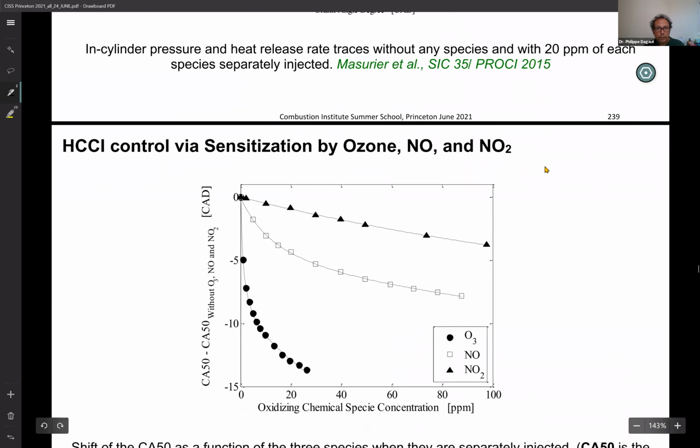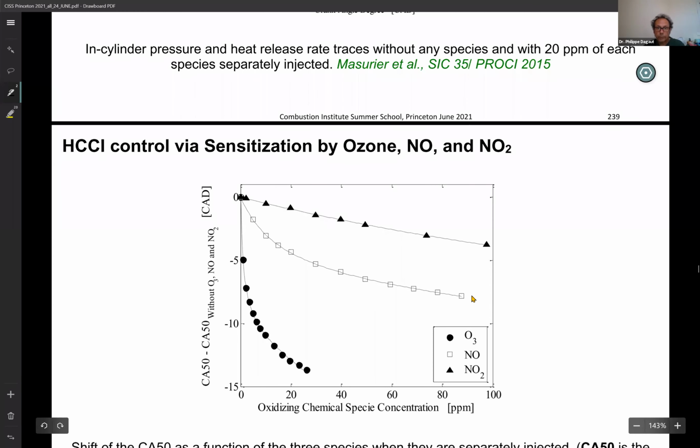So if we look at the difference between crank angle 50 with and without any additive, as a function of concentration of the additive, for ozone we have this curve.